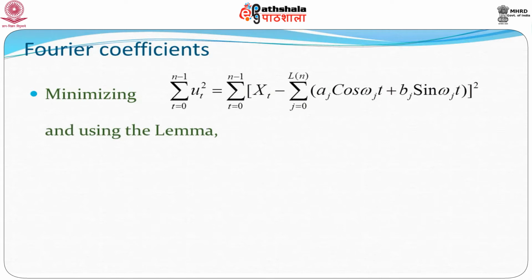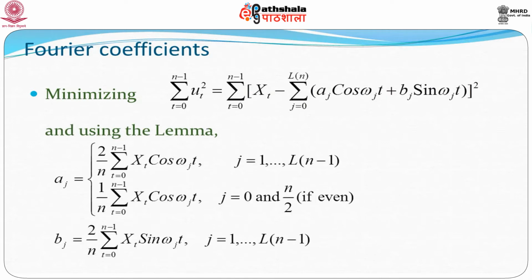If we use the lemma, then the a_j's come out to be 2/n times the summation of x_t cos(ω_j t), provided j is 1 to [n/2] minus 1, and it is 1/n times the same quantity if j is equal to 0, and if you have an even number of observations, for n/2 as well.